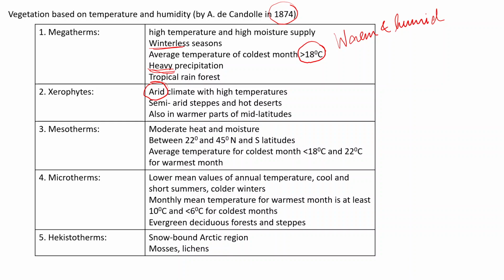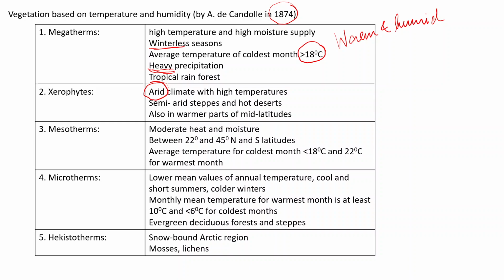These deserts are formed at approximately 30-degree latitudes in the northern and southern hemispheres because the sinking air is devoid of moisture, so there is no rainfall, and therefore xerophytic plants are there. How do we identify xerophytes? They are normally the plants which have thorn-like leaves, very fine, very small leaves, so that they can sustain and preserve their moisture.